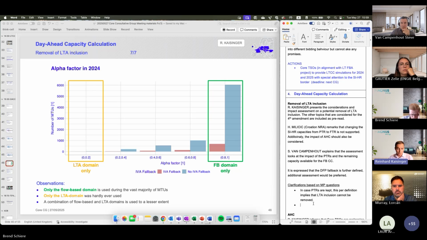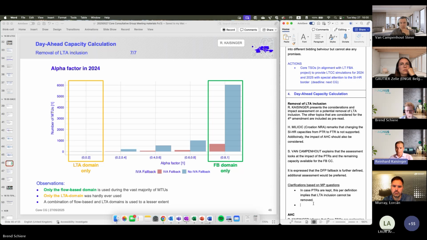What we also see and what came out of the separation of these data sets was in case of IVA fallback, we still see a similar distribution of the alpha factor. So even when at least one TSO applied an IVA fallback, we did not immediately see that the LTA domain was only used, but roughly the red bars here show a similar pattern as the blue ones.